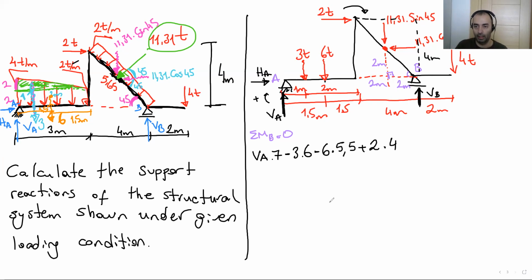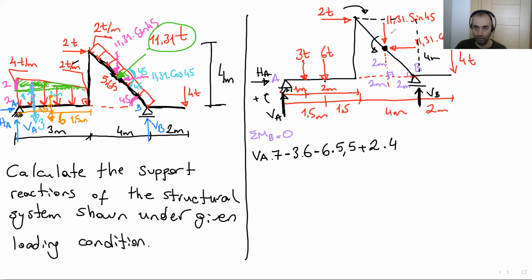Now, what did we do? Yes, we are here. We are at this point. Let's take a look at the vertical one first. Is it positive or negative? Negative. Yes, you're right. This vertical load rotates the system in this direction, downwards.